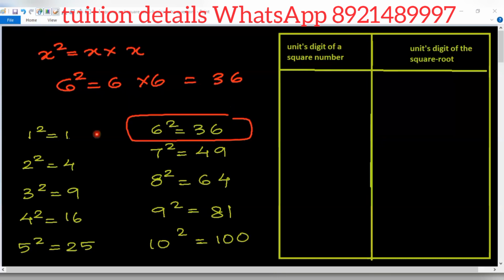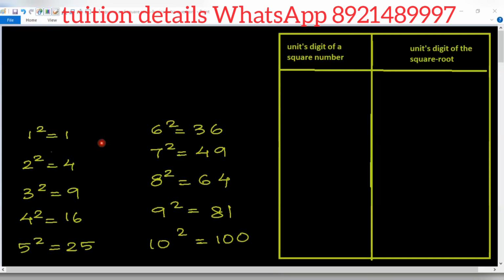See here, we are having the squares of numbers from 1 to 10. 1 square is 1, 2 square is 4, 3 square is 9, and so on. The particular thing about a square number is that the last digit, or units place digit, of a square number is specific.